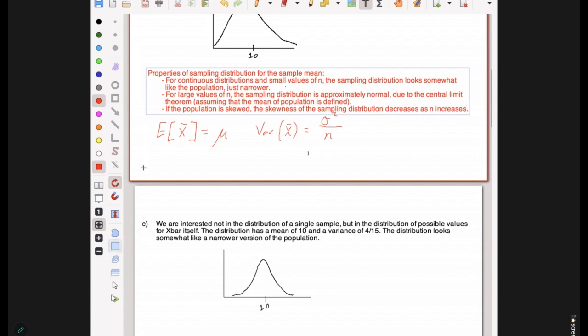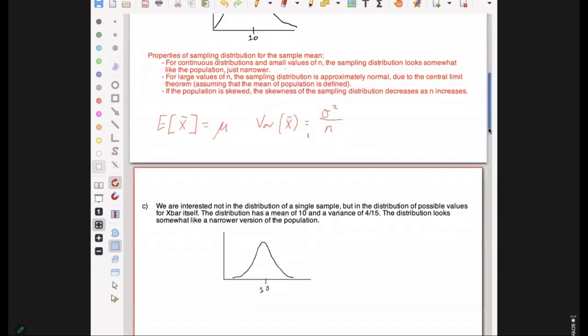So the larger sample we have, the less skew we're going to see in that sampling distribution. Does that make sense?